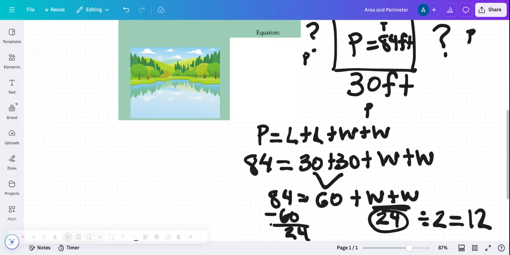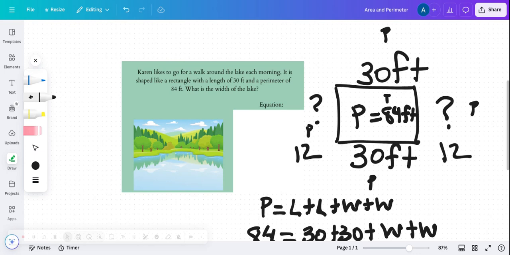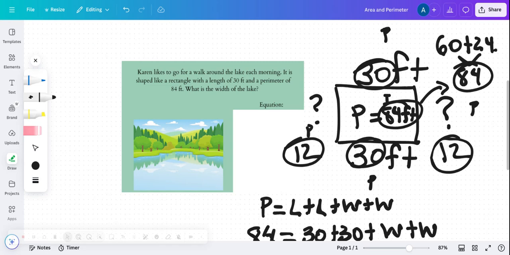So our width is going to be 12, not 24. Just to check it, if we add up all our parts, it should equal back to 84. 30 plus 30 is 60. 12 plus 12 is 24, and that gives me a total of 84. Since that checks back to my original perimeter, I know that 12 is my right answer.